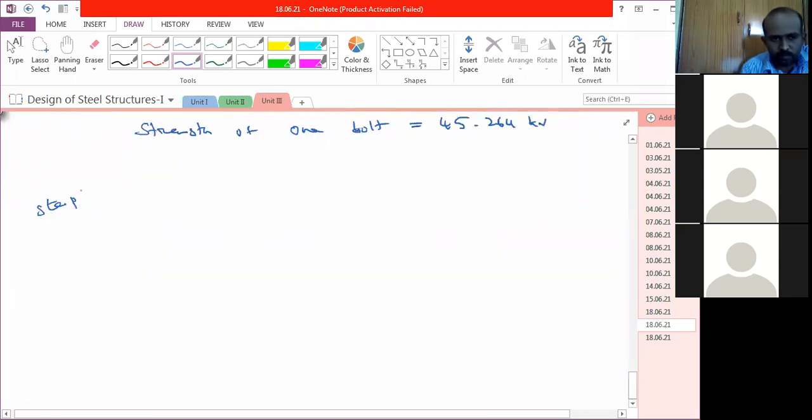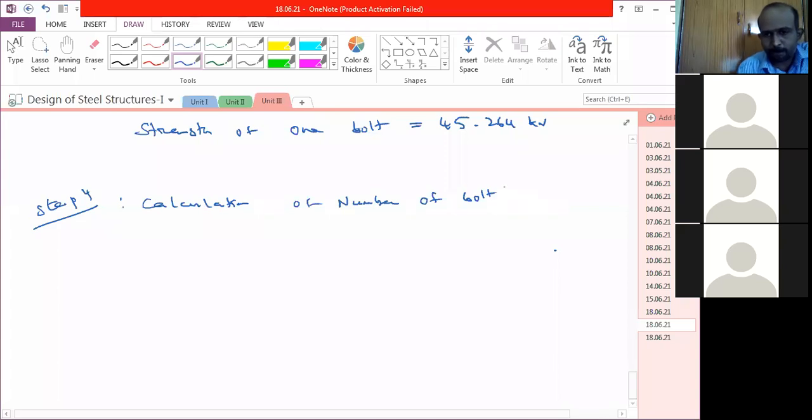Then step 4, calculation of number of bolts. How to calculate the number of bolts? Total load divided by the strength of one bolt, right?